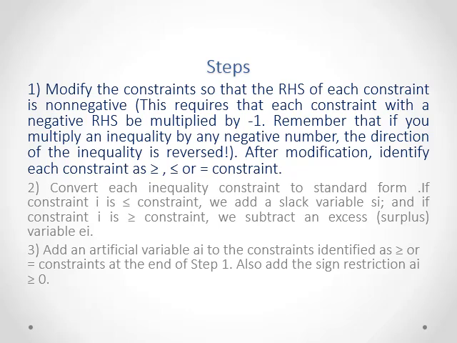Now, the second step, convert each inequality constraint to the standard form. If constraint i is a less or equal constraint, we add a slack variable si. And if the constraint i is a more or equal constraint, we subtract an excess surplus variable ei.